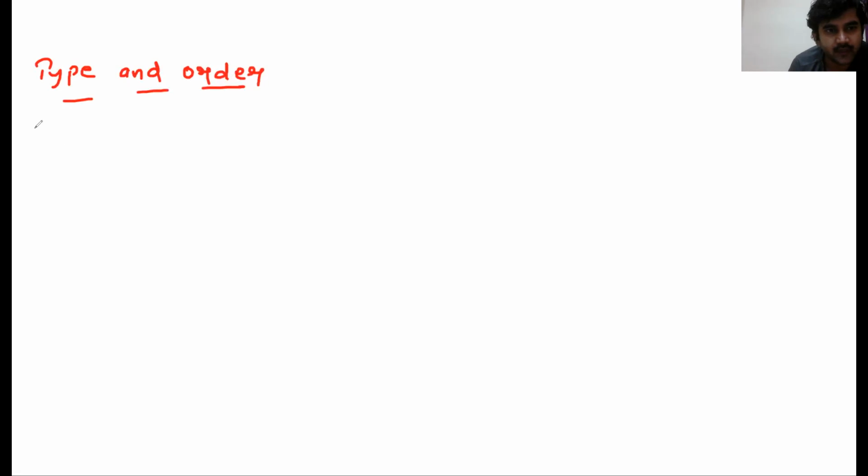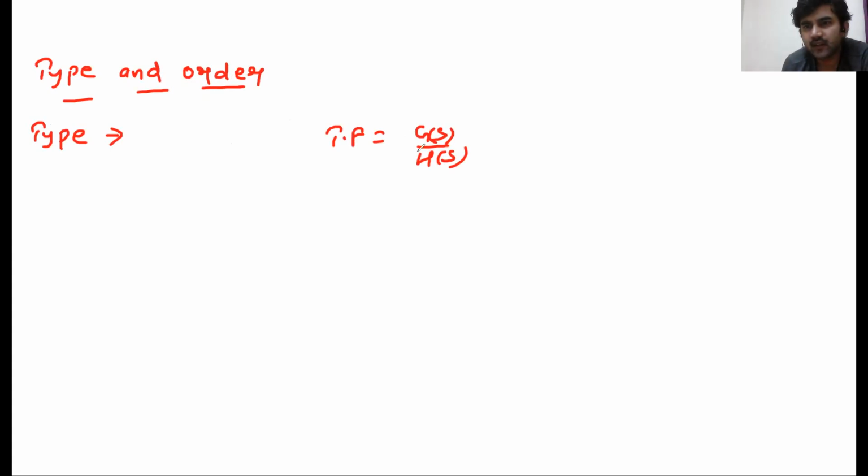So what do you mean by type? Let us suppose we have a transfer function G(s)/H(s). How do you get to know what is the type of the system? First of all, it is defined for open loop system only, not for closed loop system.